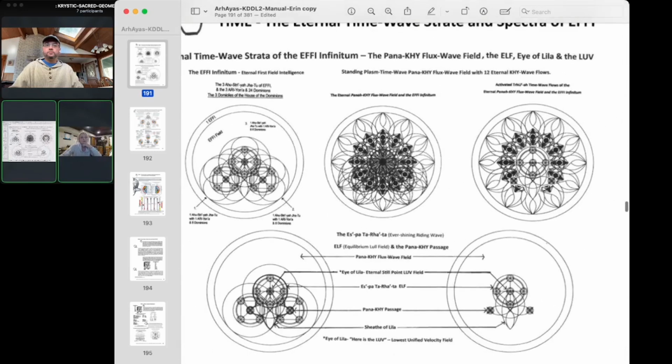I'm still learning what these Chi waves actually are, but my understanding of them is that they're kind of like the holders of the eternal laws that the Christ code is built on, if that makes sense. We learn all about the Christ code, and then at the very end there, in KDDL or somewhere, we get the Nomi code, and we find out that the Nomi code is actually the precursor to the Christ code.